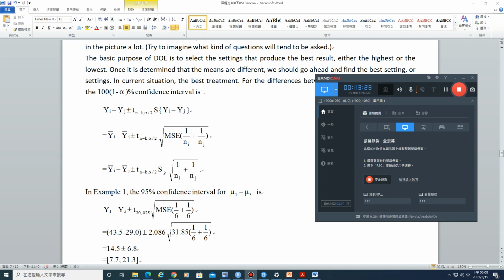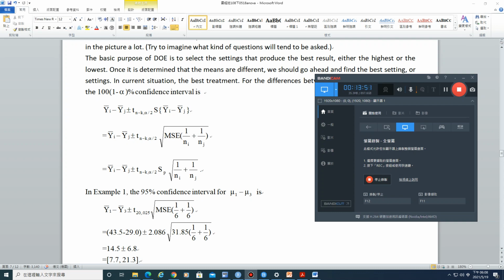It determines whether 0 is in the interval. I have told you about this 0 thing. If 6.8 is smaller than the difference, then 0 is not going to be in the interval. If this margin of error is greater than the difference, then 0 is going to be in the interval.